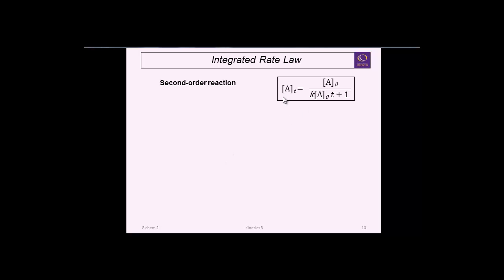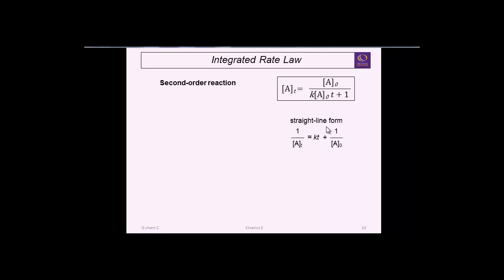Okay, here's the integrated rate law we used the last time. Do a little bit of rearranging. And once again, I'm not going to do the full derivation, but one of the first math moves you might consider is inverting both sides of this expression and multiplying through by A0.